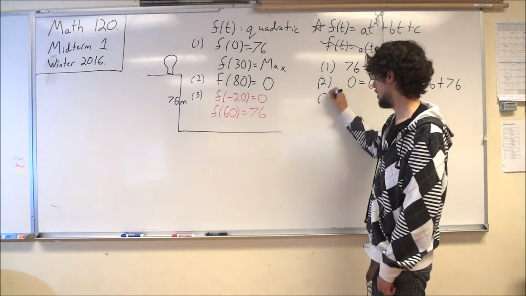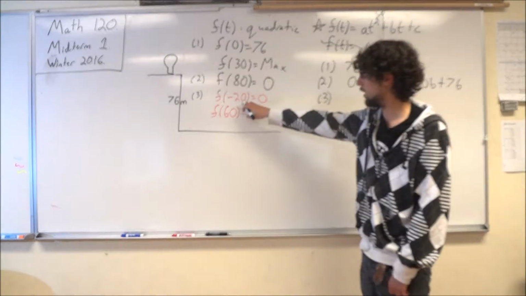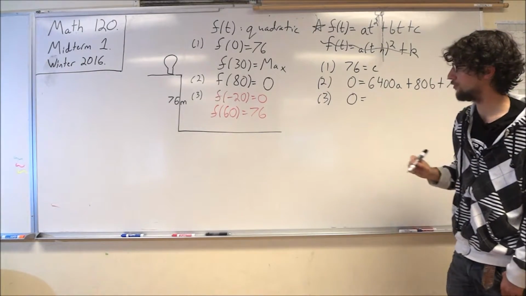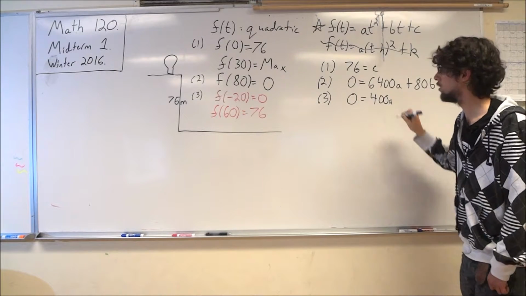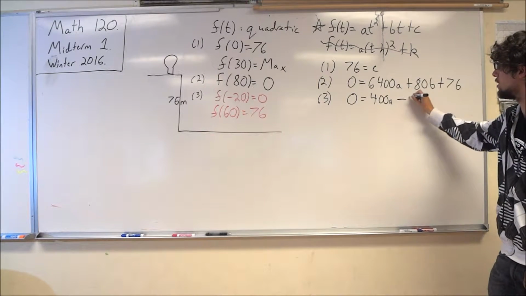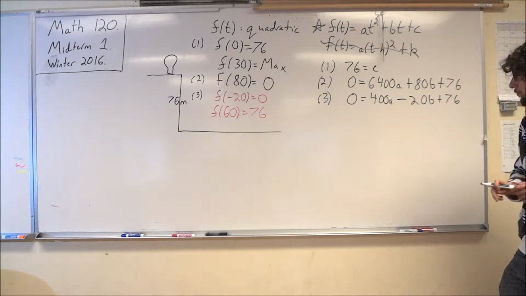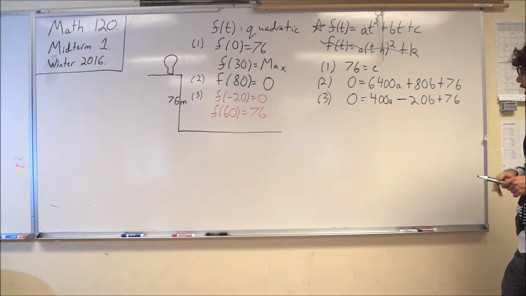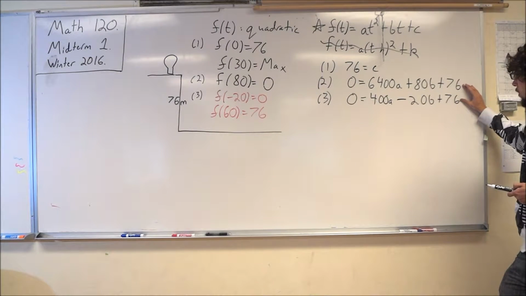And what I get from the third one, if I plug in -20 for this, I'll again get 0. I find this is 400a minus 20b plus 76. So now I know exactly what c is. I have these 2 equations to work with in order to figure out a and b.